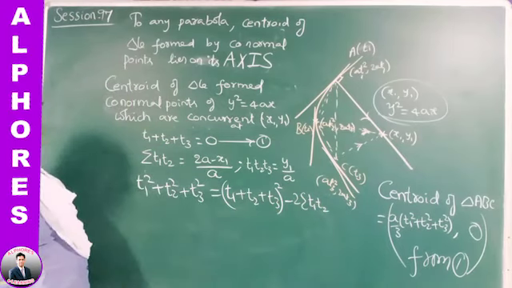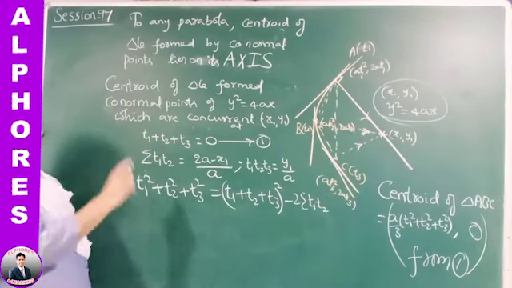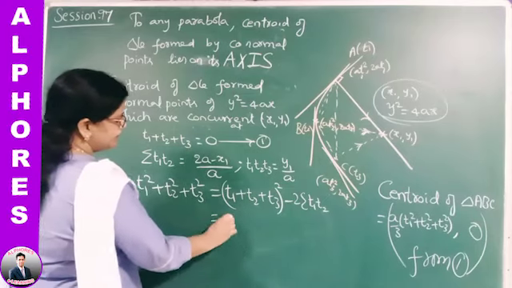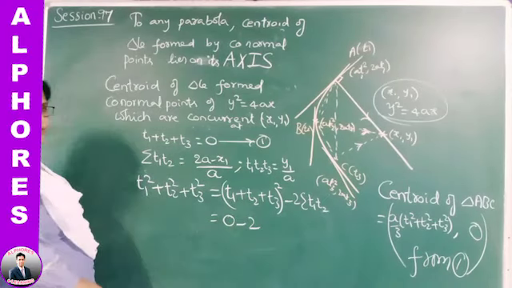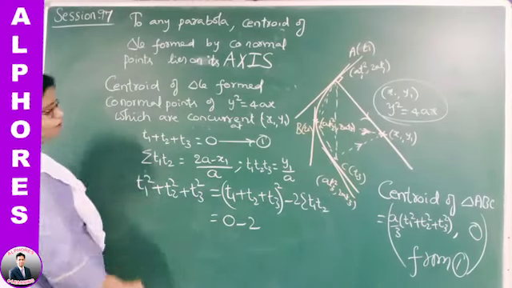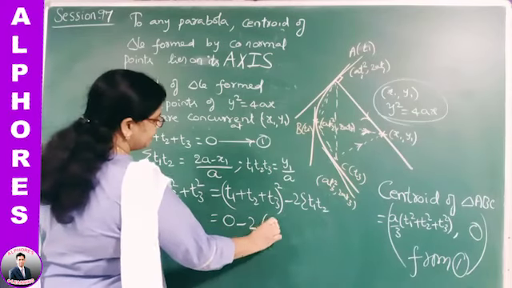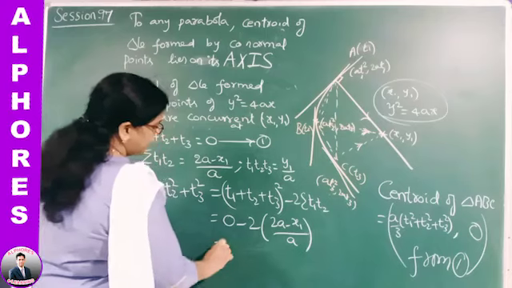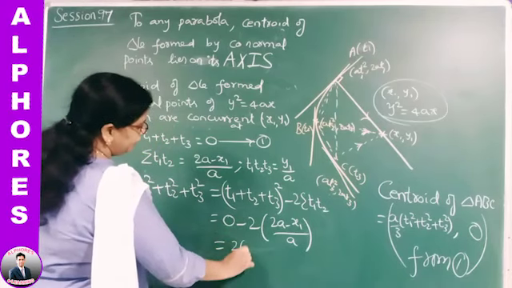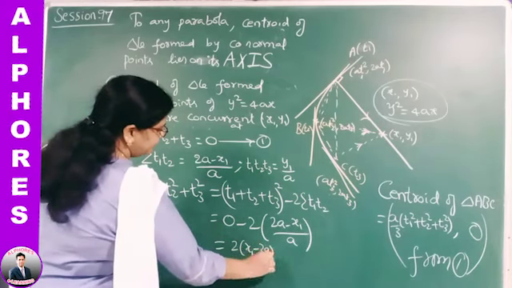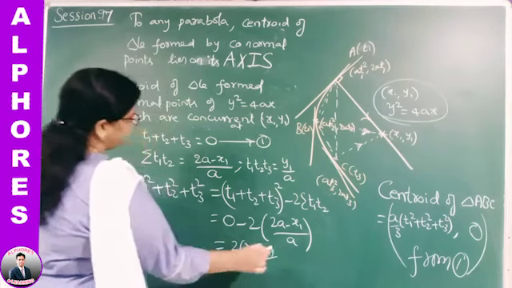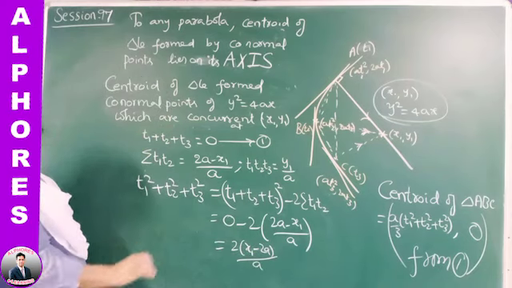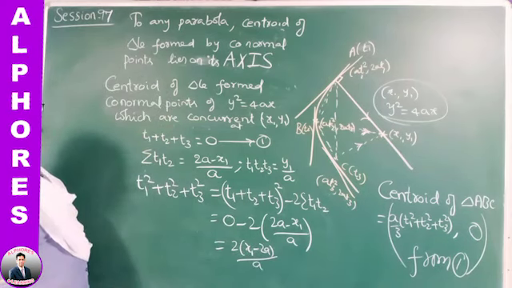This value you already got as 0, so it is 0 minus 2 into sigma t1 t2. That is nothing but 2a minus x1 divided by a. Hence it is 2 into x1 minus 2a divided by a. So students, this is our abscissa of the centroid.